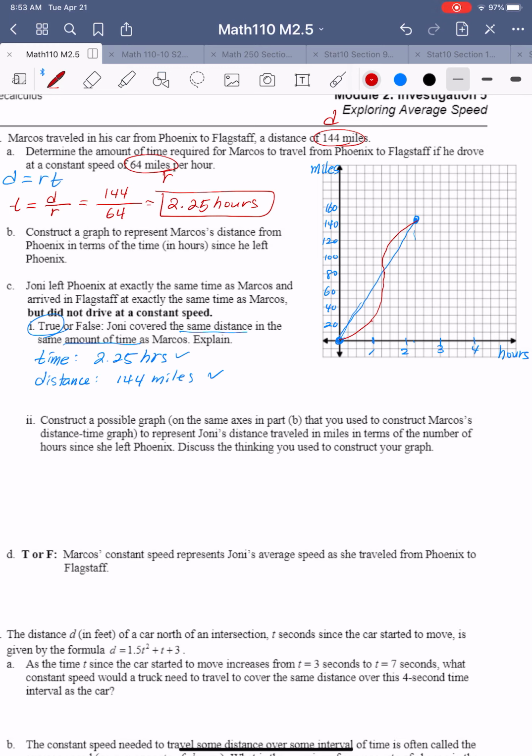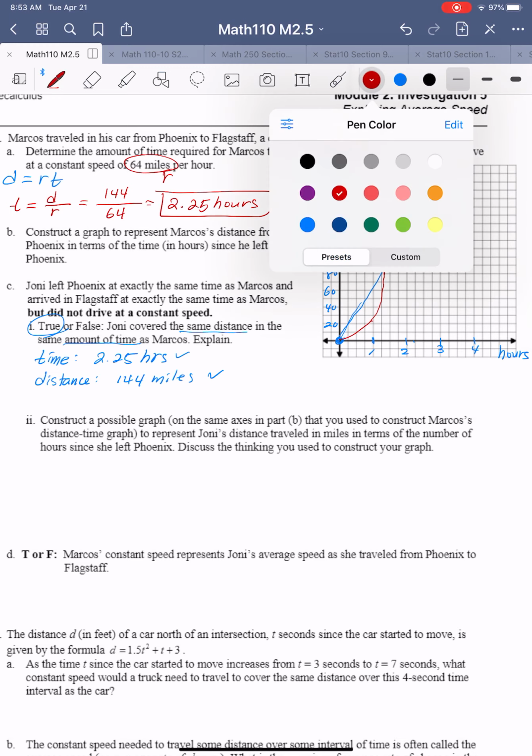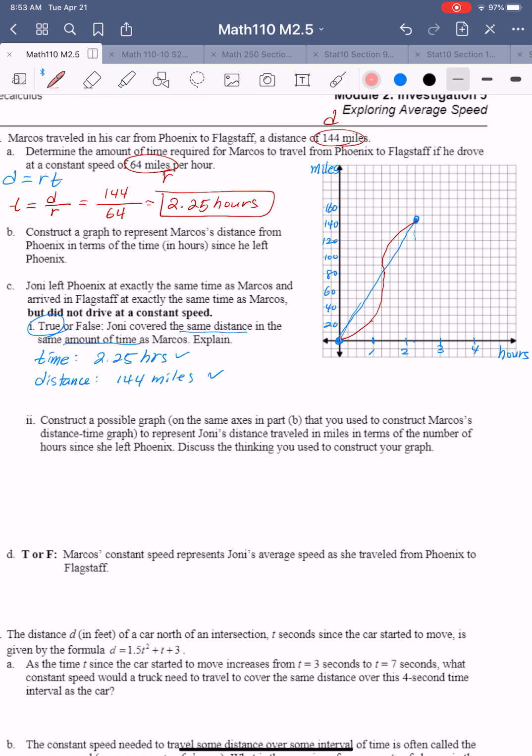Or she said, okay, I want to go faster at the beginning. So she goes fast and then says, oh my god, I'll get there early. So she's slow and then she might go fast too. So there are so many different ways she might travel. All right, so that's the difference between the graph of Marcos and Johnny's speed.